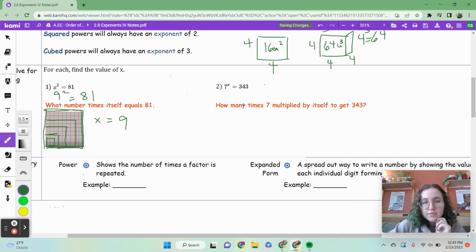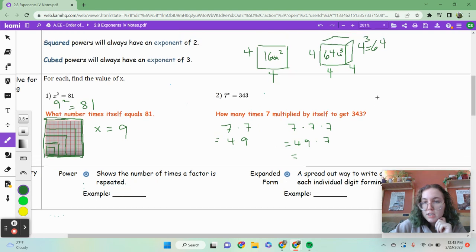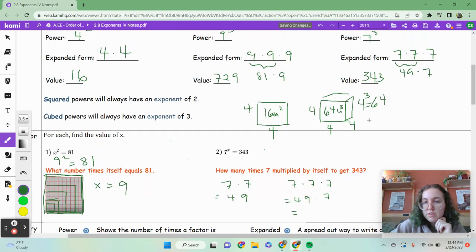This last one, if we want to find how many times 7 has to be multiplied by itself to get 343, let's just write out a few sevens. 7 times 7, that is equal to 49. Okay, what if I did 7 times 7 times 7? Well, that's equal to 49 times 7, which, as I believe we set up here, was 343.